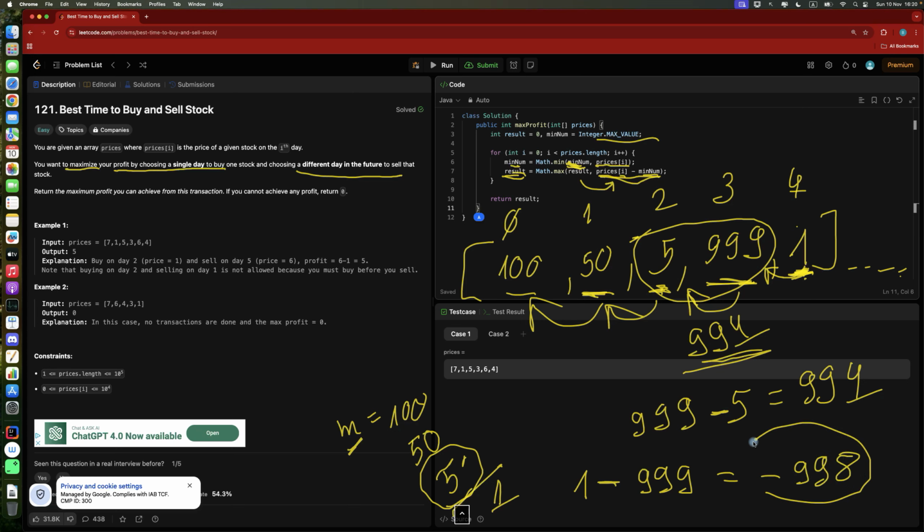So which is bigger, this or this? This is greater, right? So we don't care about this one here. And the logic is like an iron here.